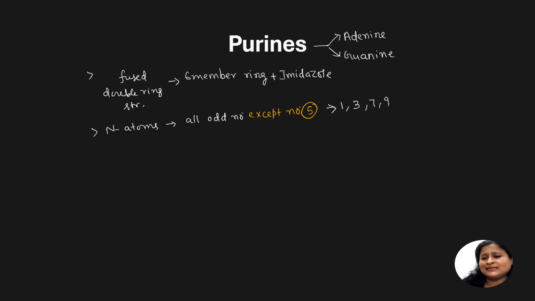So let's try to make the structure first. Basic structure of purines: there would be a six-membered ring structure, fused to it there would be an imidazole ring structure. So let's put the double bonds here. This is the core structure. Now let us put the nitrogen.